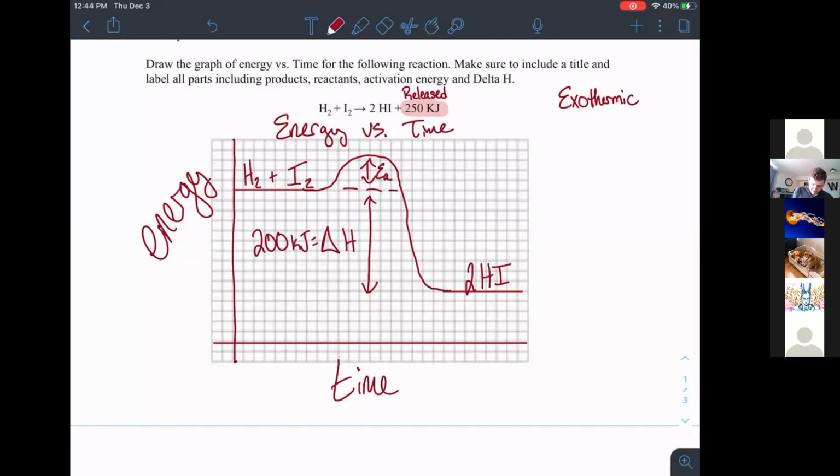Negative. This one's going to be negative because it's exothermic, or we've lost or released that energy. So when we go down, our delta H is always negative because we've released that energy at the end. Any questions on graphing endothermic and exothermic reactions?